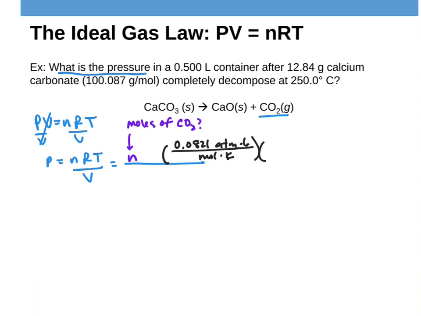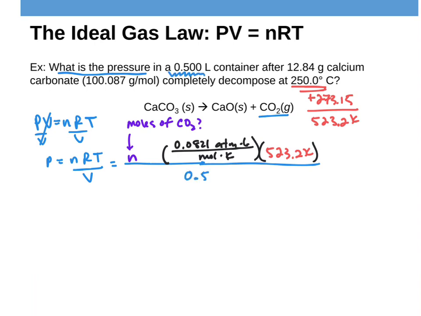So I'm going to add 273.15 to that so I can get Kelvin, which gives me about 500, is that right? 523.2 Kelvin. So I'll put that in, 523.2 Kelvin. And my volume, they just flat out gave me and said that it's a half a liter. But what I'm missing is the number of moles. So I have to figure that out.